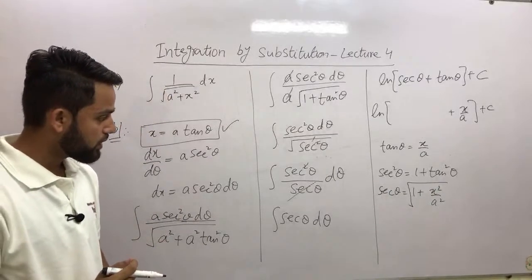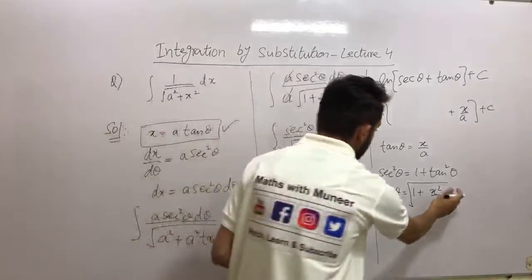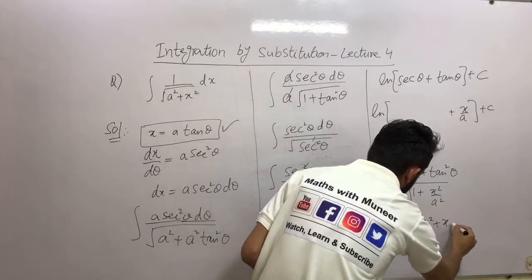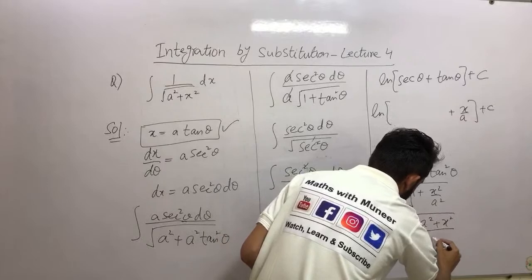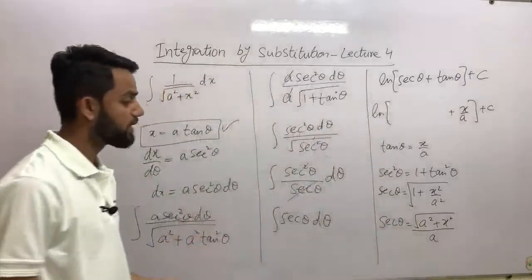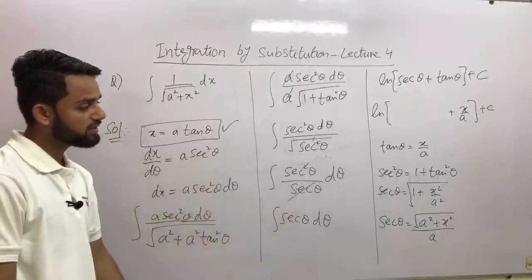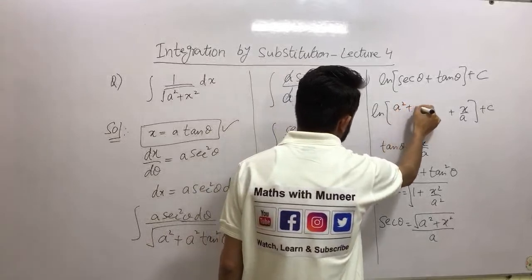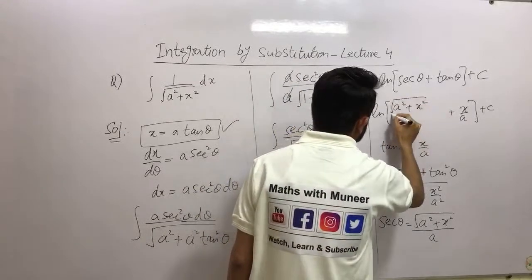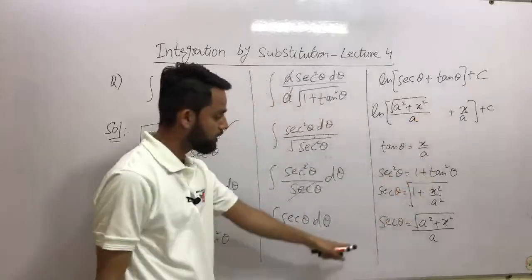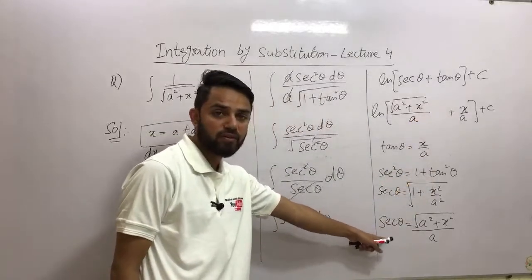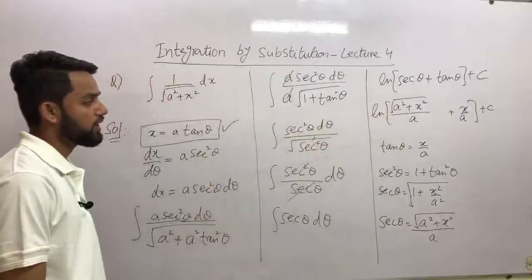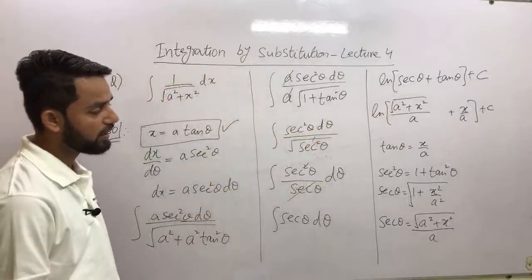So take the LCM here, and secant theta would be equal to the square root of a square plus x square over a square. Separate the square root on numerator and denominator, so you will get this result. Now put this value back: the square root of a square plus x square over a. This was the value of secant theta that we have got, and I am putting this value back into my original step from where I found it.